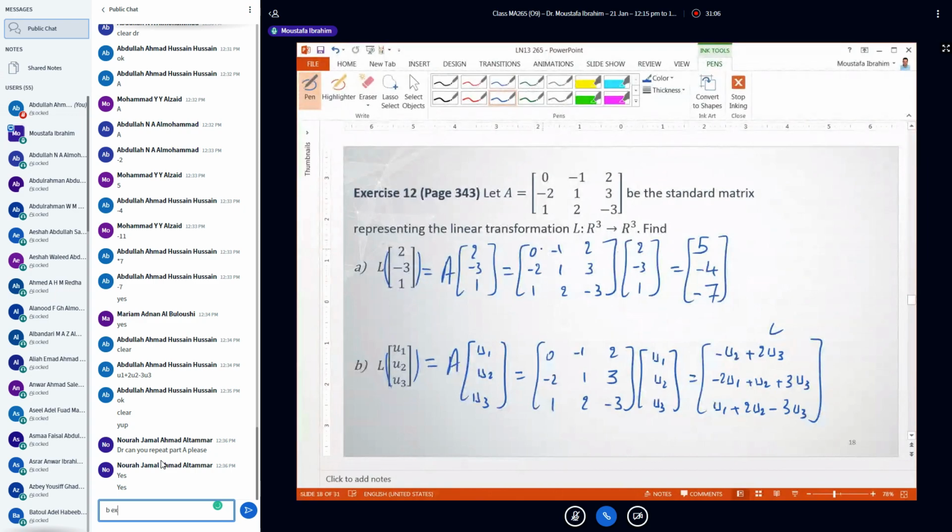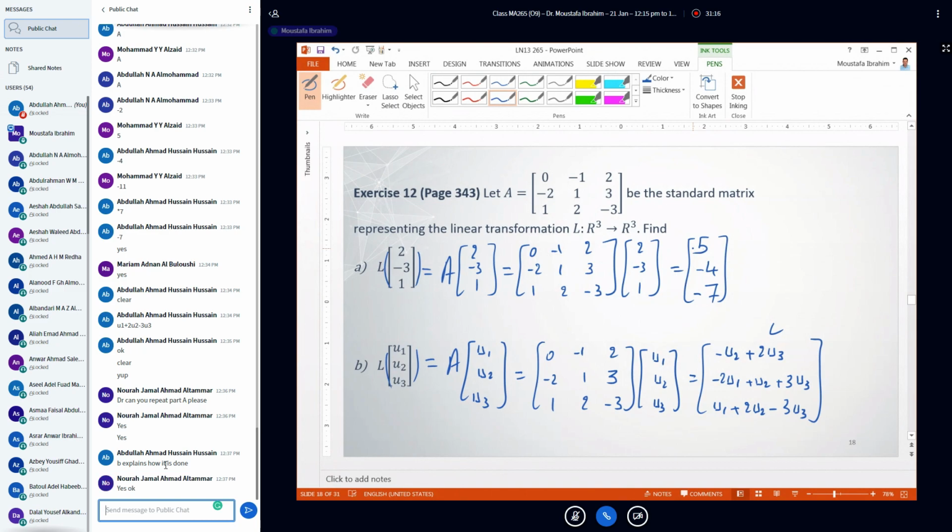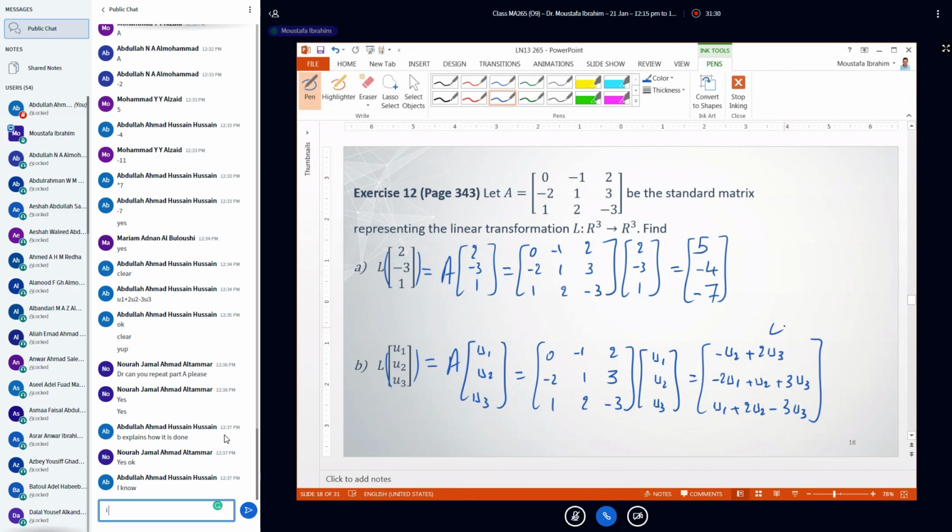Here, dot product: 0 multiply 2 plus -1 multiply -3 plus 2 multiply 1, you get 5. And so on. Okay, Nora? Same, Abdullah. What? Multiply row by column. 0 multiply u1, 0. Minus u2 plus 2u3. Look, it's here.